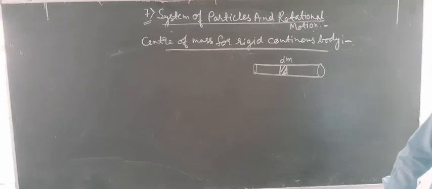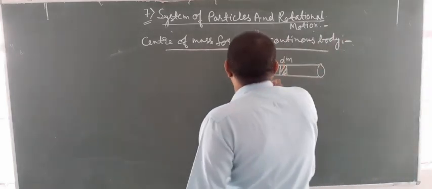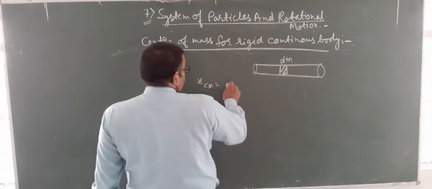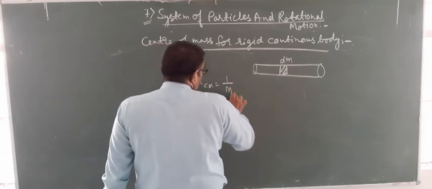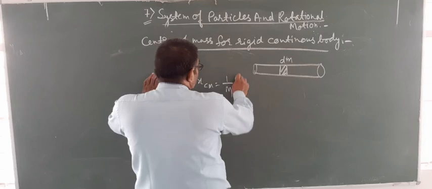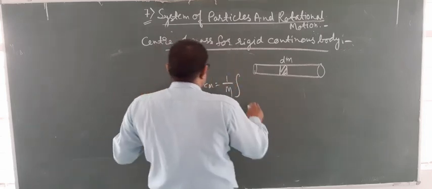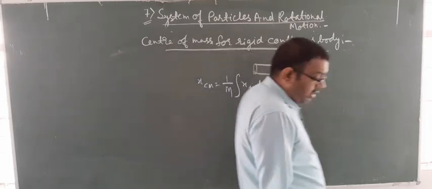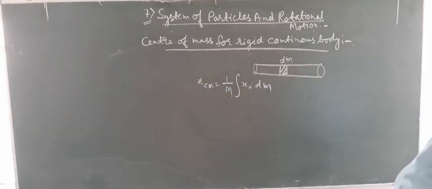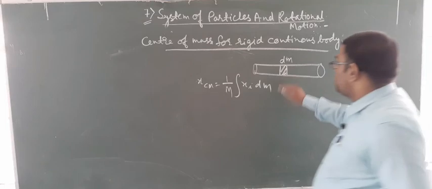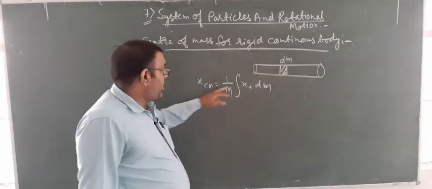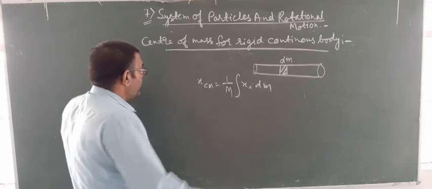So xcm can be written as 1 by M integral of xi into dm. If this is along the x axis, then xcm is 1 by M integral of xi dm.